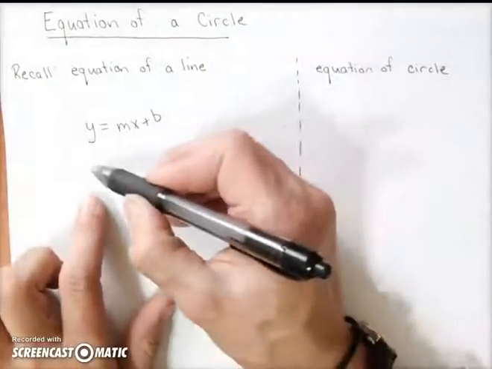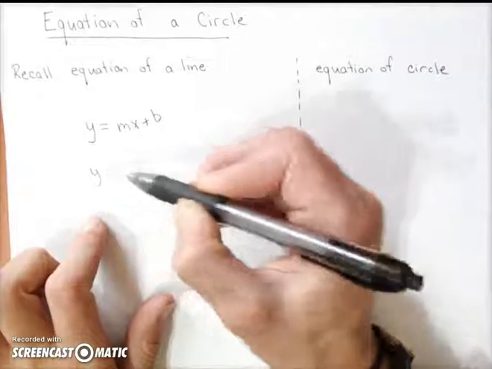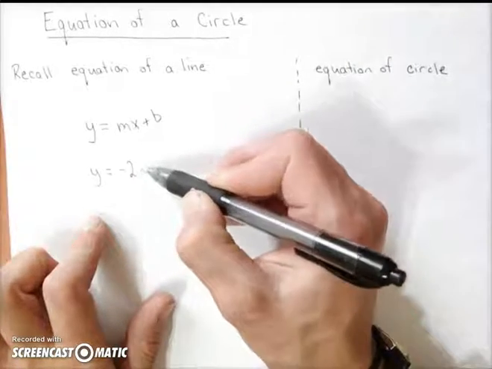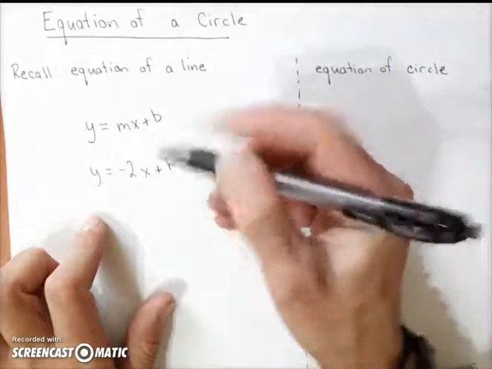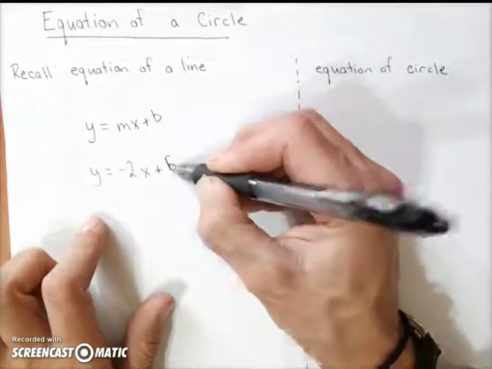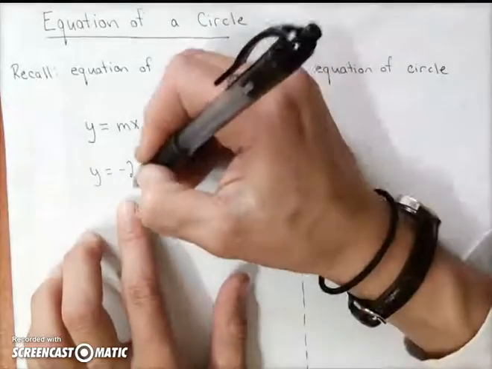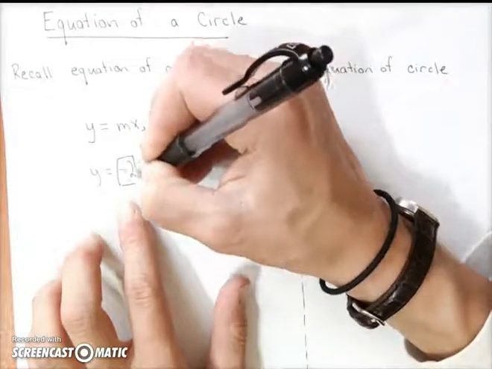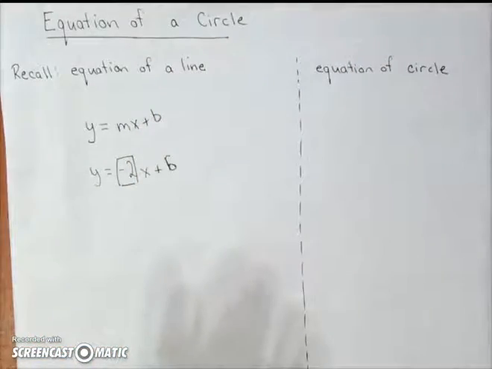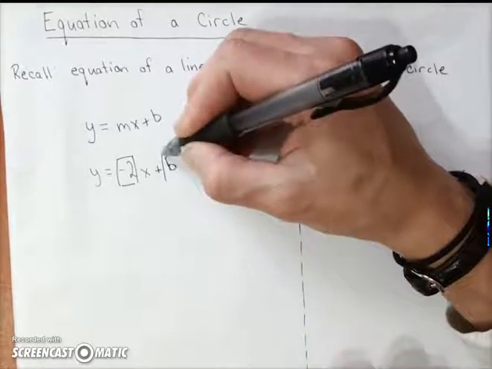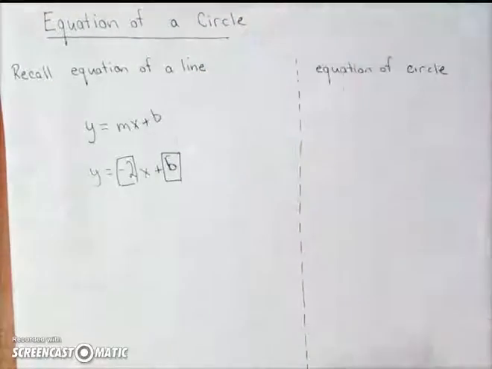For example, we might study a line that looks like y equals minus 2x plus, let's say, 6. This number, minus 2, had some significance in terms of the graph. This number 6 also had some significance. So what did these tell us?